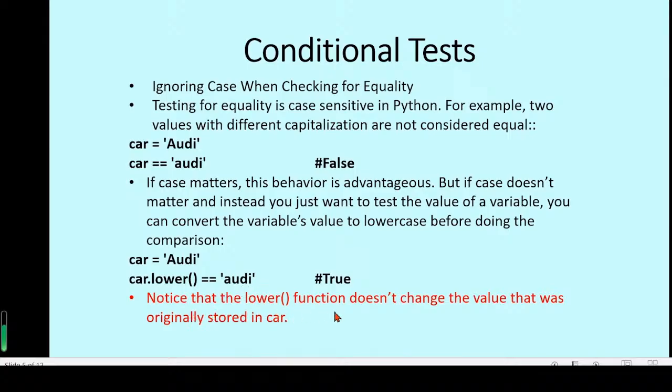Notice that the lower function doesn't change the value originally stored in car. So the car's value is still Audi. The lower is just a temporary transformation of this value to lowercase to do conditional tests.